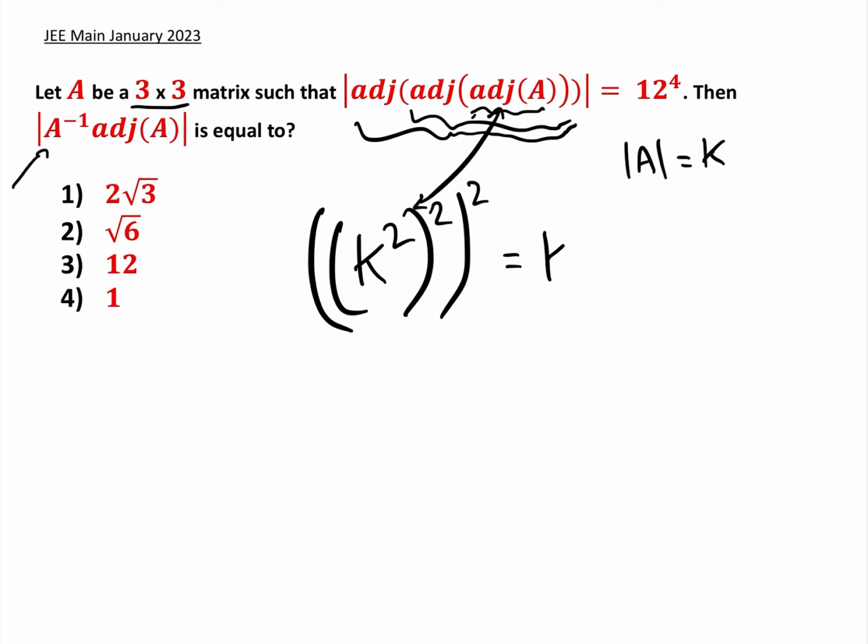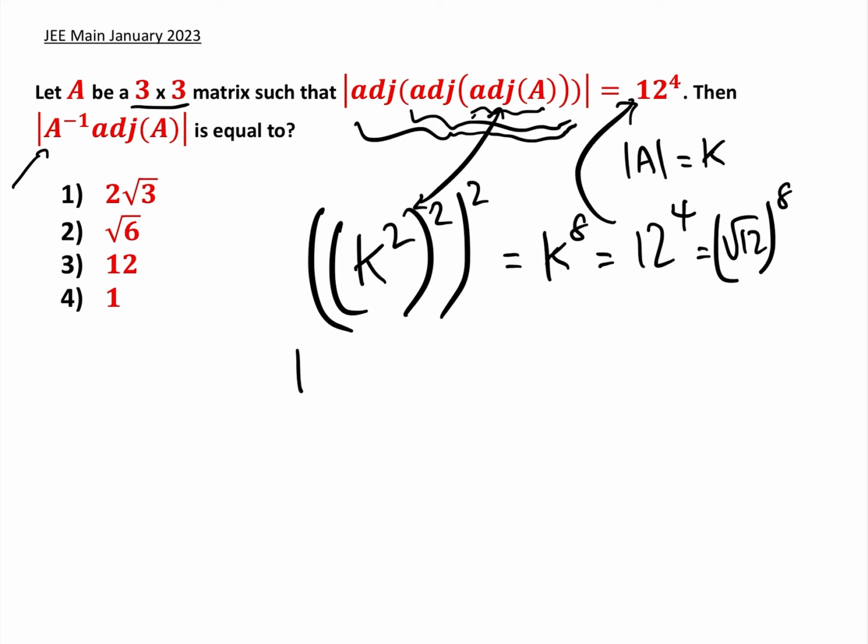So that is k to the 8, and that we know equals 12 to the power of 4. Okay, so that is root 12 to the power of 8, so therefore we know that k is equal to root 12, which is 2 root 3, which is the determinant of A.